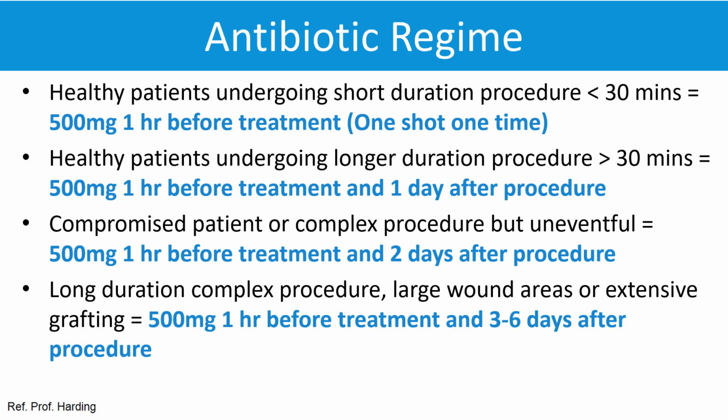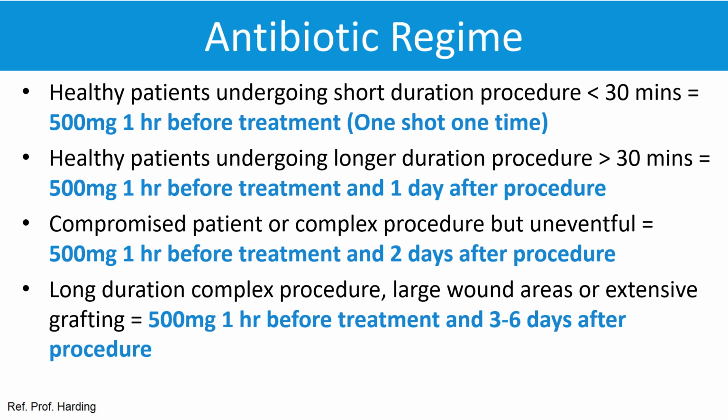Now I've done this one for azithromycin. Obviously, if you decide to use amoxicillin or augmentin, I would suggest at least 1 gram of augmentin, or if it's amoxicillin, perhaps 2 grams to 3 grams of amoxicillin, and then use the same protocol as I've outlined here.